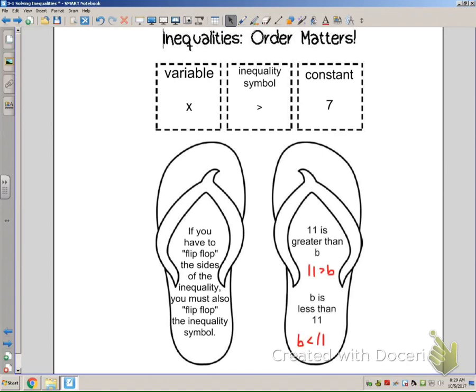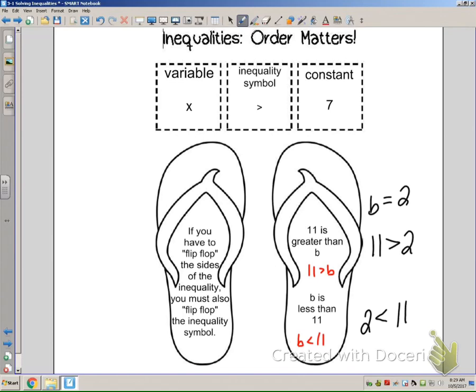For example, if I say b is greater than 11, well, if I flip-flop the b and the 11 places, then I have to flip-flop the symbol as well. So I say 11 is less than b, and that makes sense. If we said that b was equal to 2, okay, 11 is greater than 2, and it's also true that 2 is less than 11.